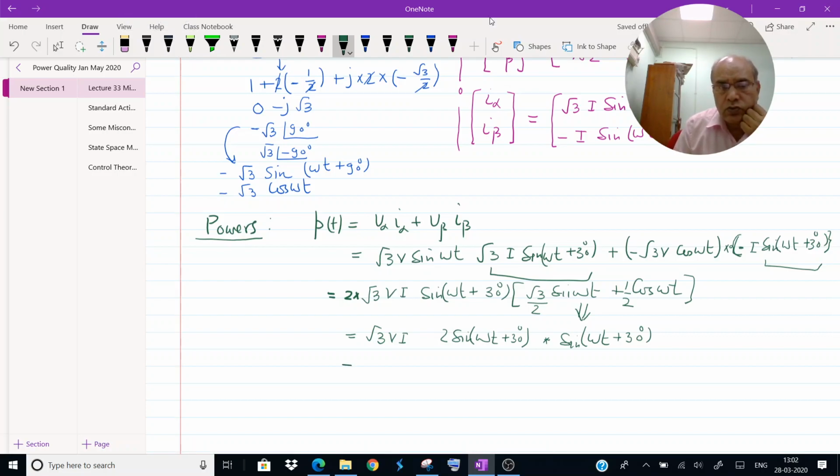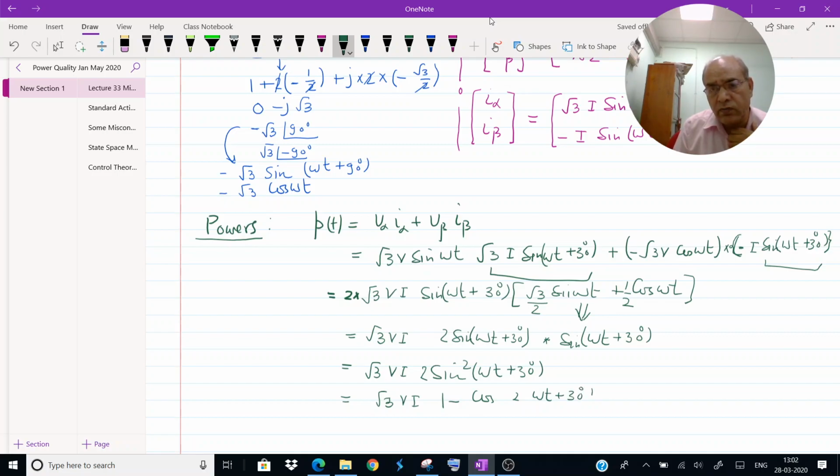It becomes root 3 bi into 2 sine square omega t plus 30 degree, which gives the expression root 3 bi times 1 minus cos 2 omega t plus 30 degree.